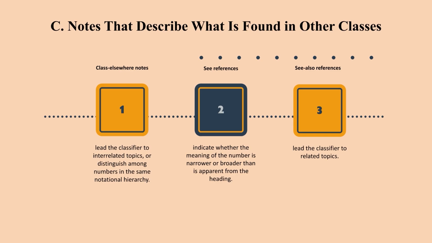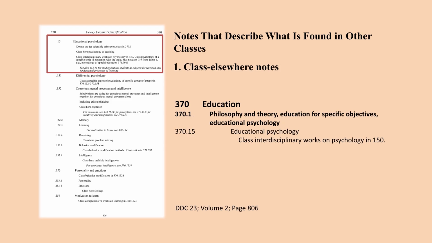So if we try to find an example for class-elsewhere notes, we have to go to page number 806 of volume 2. There we will get education 370. And under it, 370.1 is philosophy and theory, education for specific objectives, educational psychology, etc. Under it, 370.15 is educational psychology.